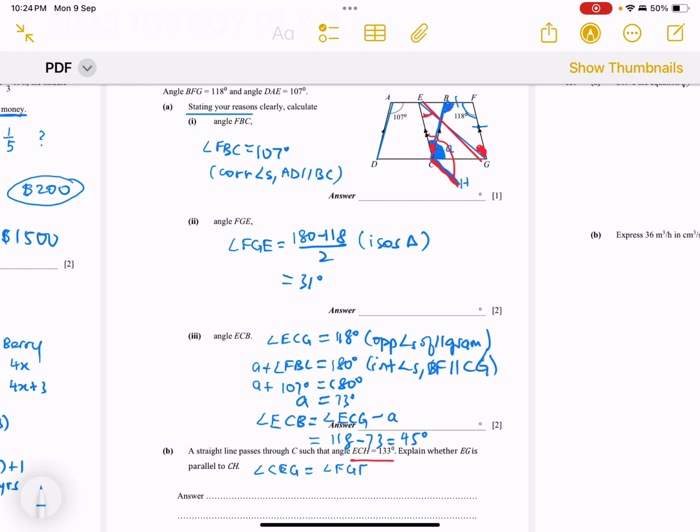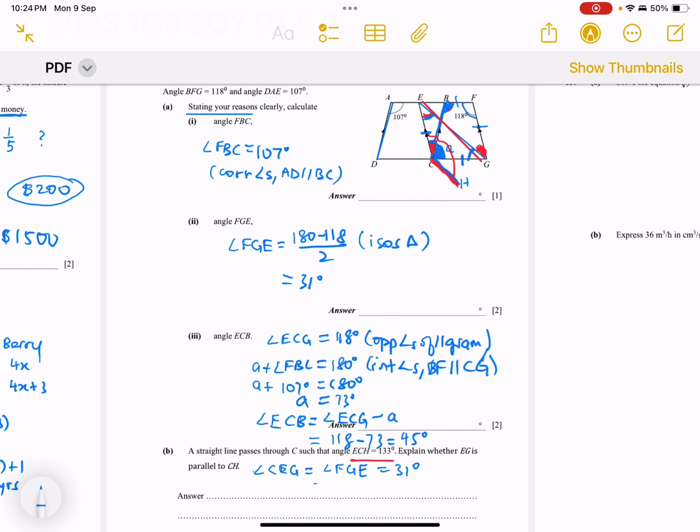We have already calculated FGE earlier on. And why is it equal? Because of the isosceles triangle, so these two angles are equal. FGE is 31 degrees.